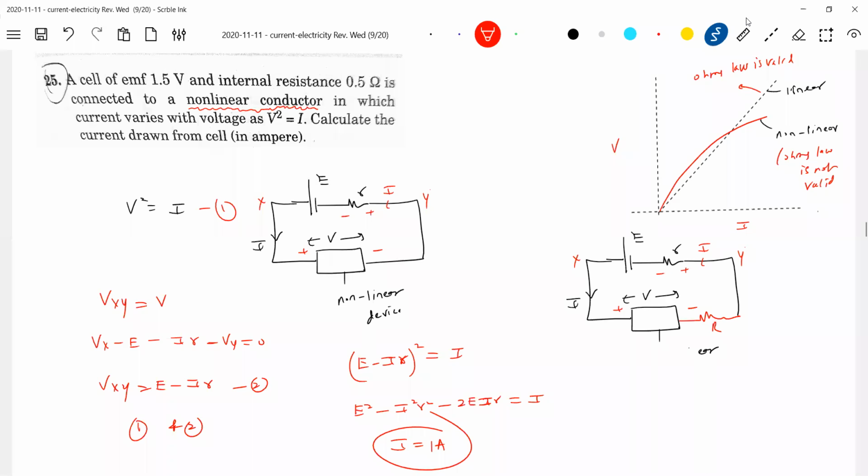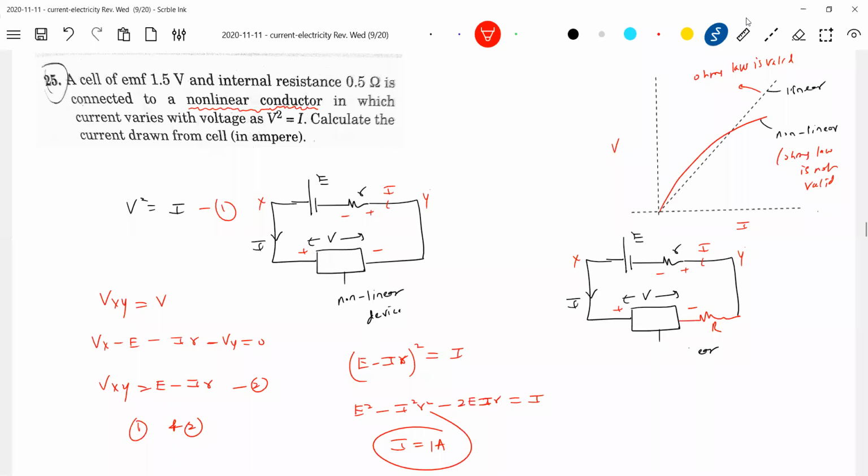KVL, is it applicable only for Ohm's law, only for linear devices? You know some idea of diode. KVL is nothing but another form of the energy principle. You multiply charge to the KVL equation, what do you get?